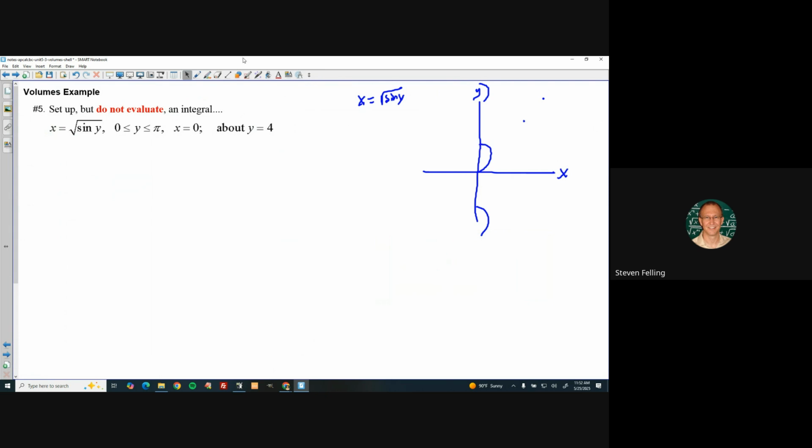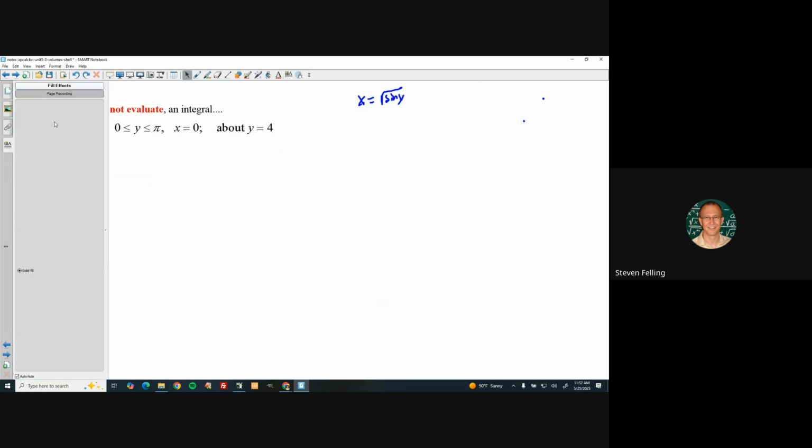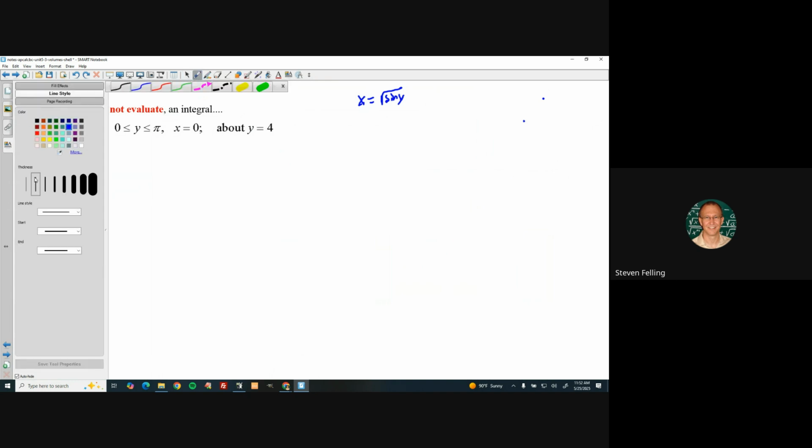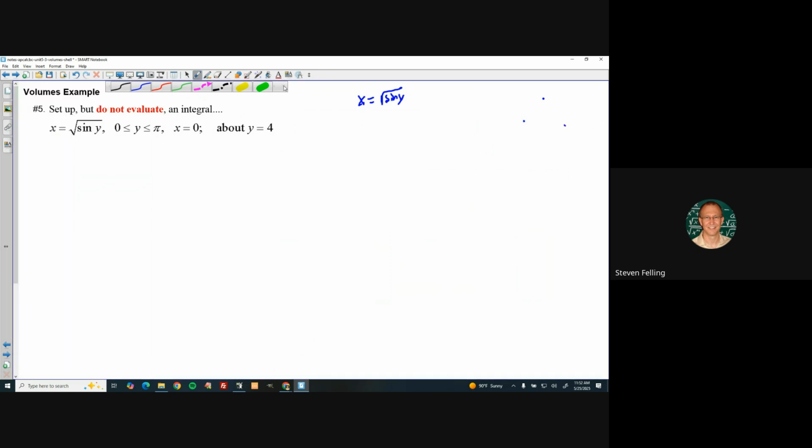So let me actually sketch it a little bit more nicely. Okay. So just one chunk of that would look like this.